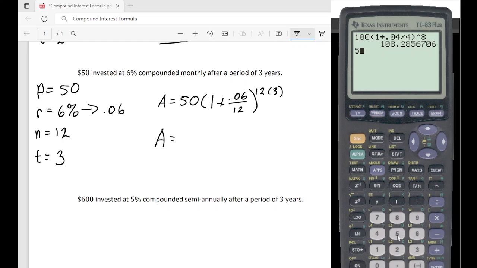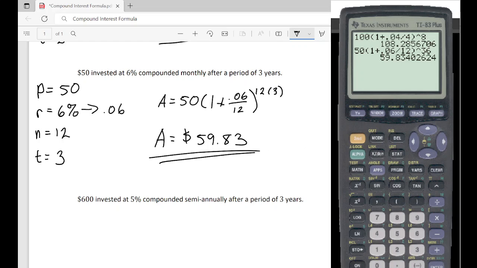So 50 times 1 plus 0.06 divided by 12, close, and raised to 12 times 3, I'm just going to say it's 36. And we're going to get $59.83. And that's the amount we have after 3 years.